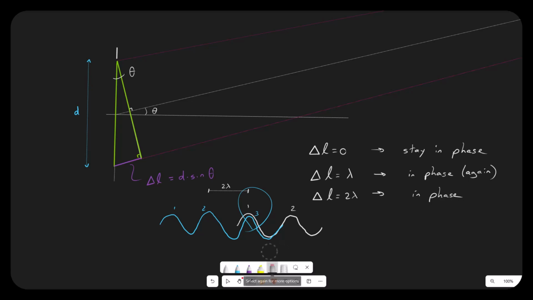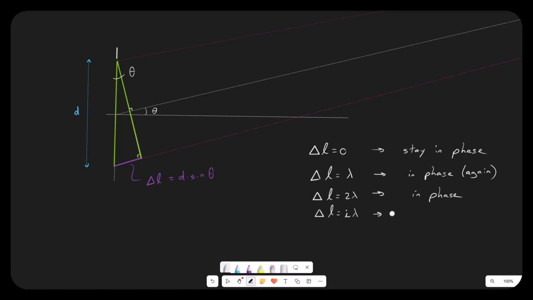And really that's true for any whole number of wavelengths. So if my path length difference is any number of wavelengths, I end up in phase, with I equals any whole number.